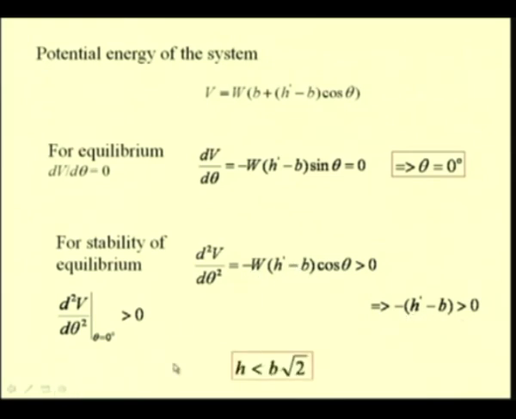If we substitute the value of H prime in terms of the height of the cylinder, then we have height of the cylinder should be less than B times root 2. So this gives the expression for the height of the cylinder in terms of the radius of the hemisphere, that is B, such that the composite solid is in equilibrium and its equilibrium is also a stable equilibrium.